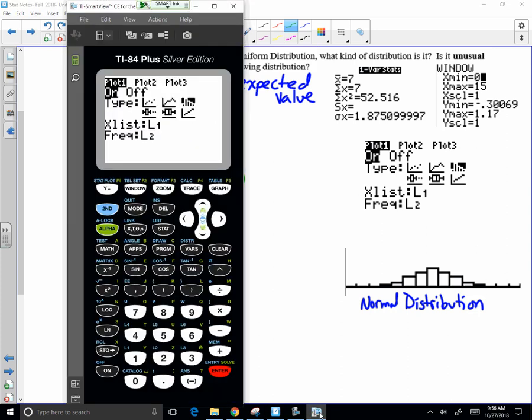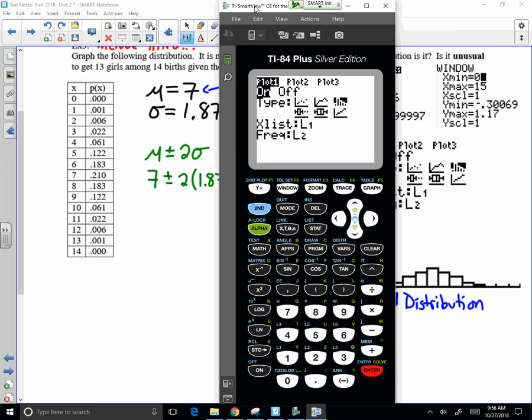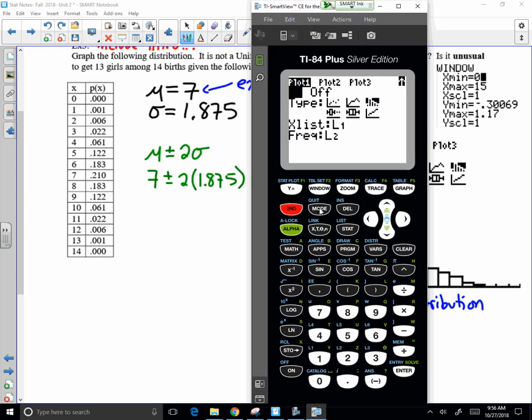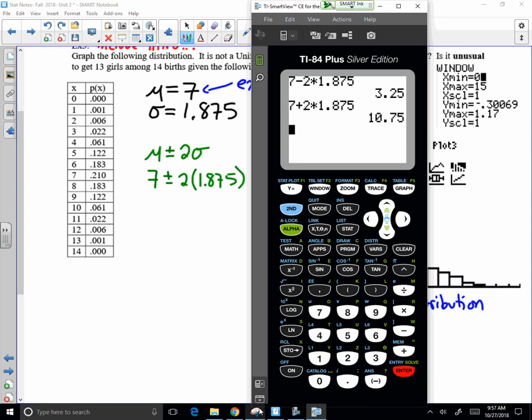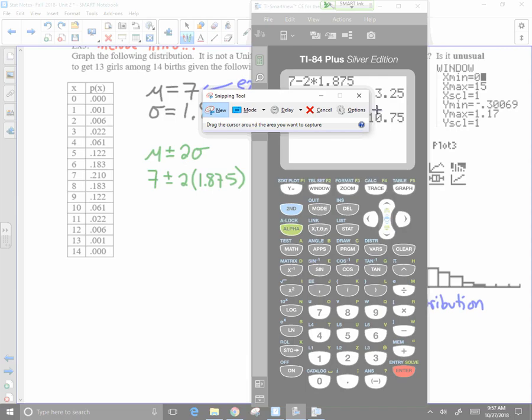It's just calculator work. So you get these two entries.